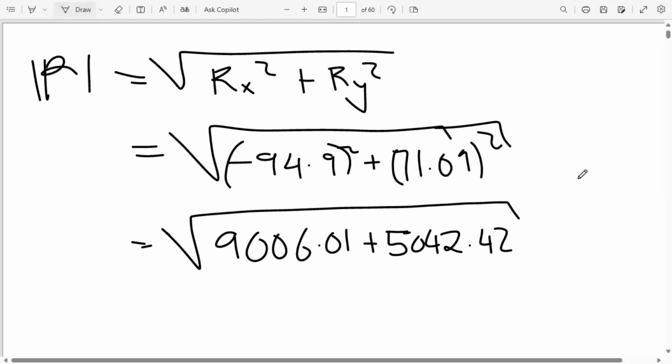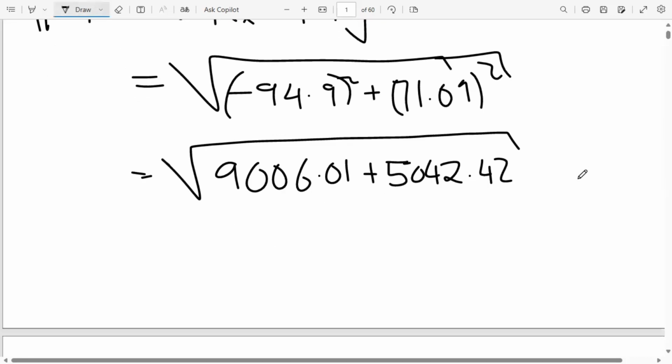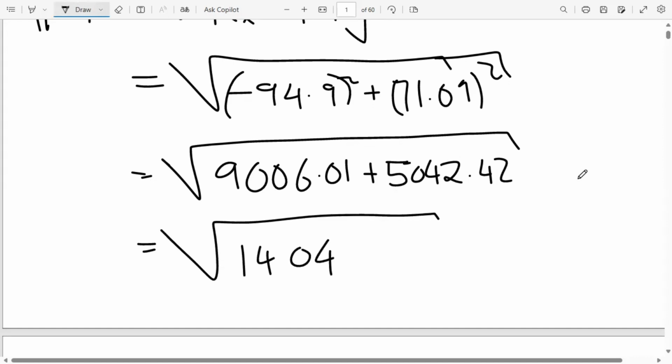That means under my square root, I'm having 148.4301.